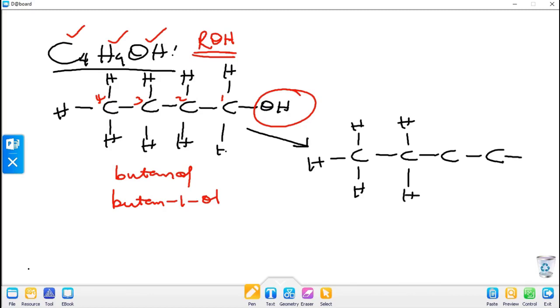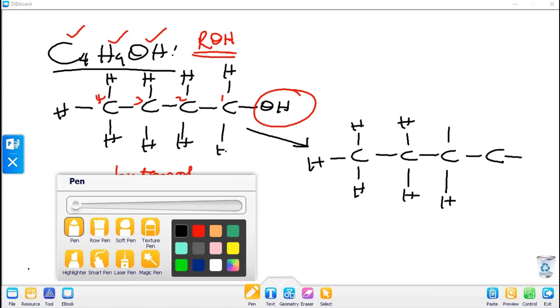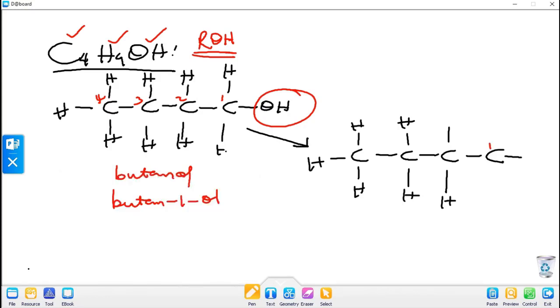Now, instead of having OH here, we want to replace the H for this carbon 2. Let's place our numbering still the way it is: 2, 3, 4.